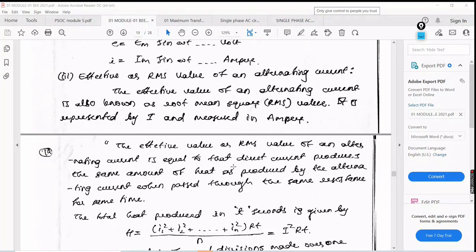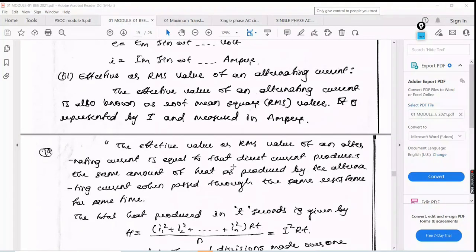The second thing is the effective value or the RMS value of the alternating current or voltage. It means the root mean square value, because the alternating quantity has both magnitude as well as direction. With respect to that, we are going to define the effective value and the average value.